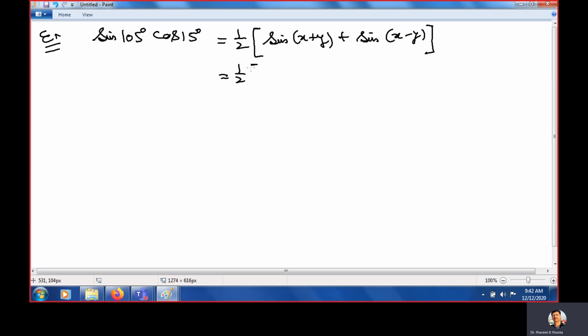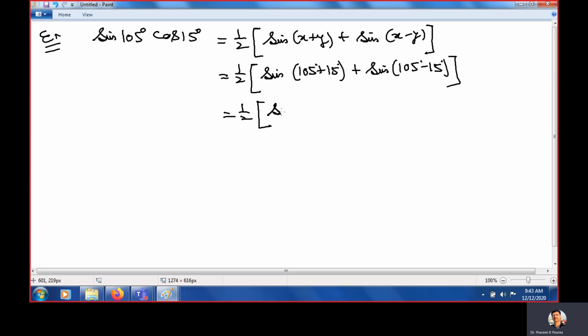Similarly, it is 1 upon 2 times sine(105 plus 15) plus sine(105 minus 15), in degrees. Okay, 1 upon 2. If you add them, it is sine 120 degree plus sine 90 degree.